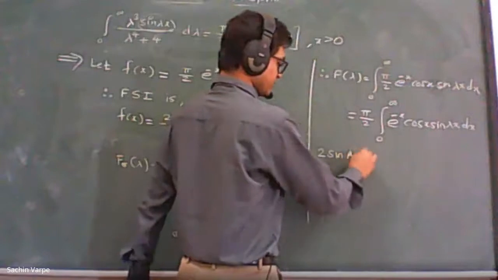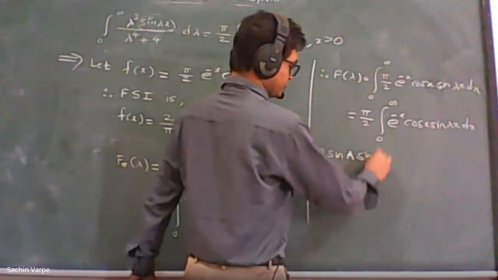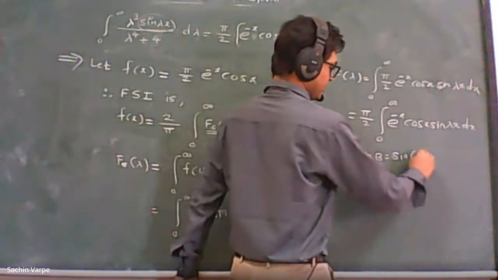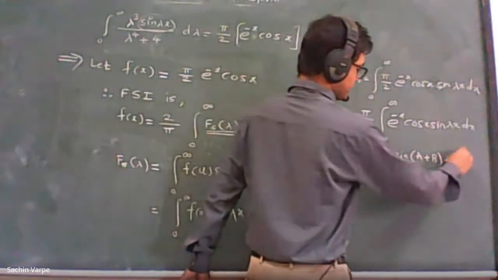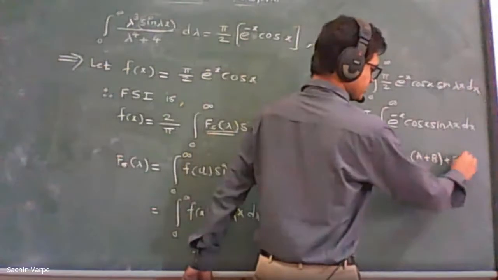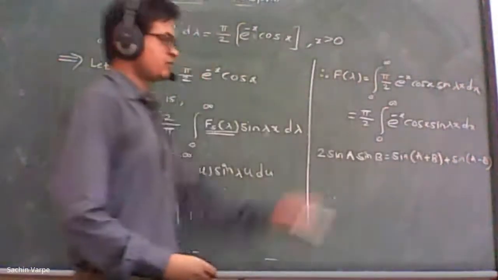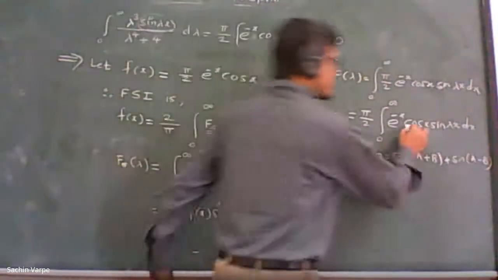Sine a plus b plus sine of a minus b. I'm writing the formula: 2 sine a cos b is equal to sine of a plus b plus sine of a minus b. Yes. Okay, so let us use that formula here.